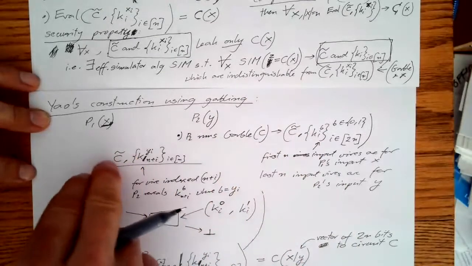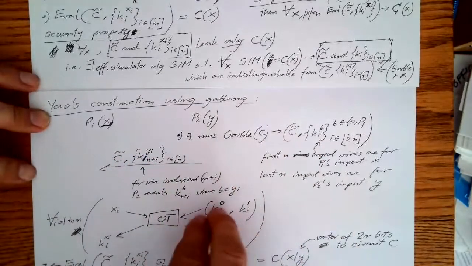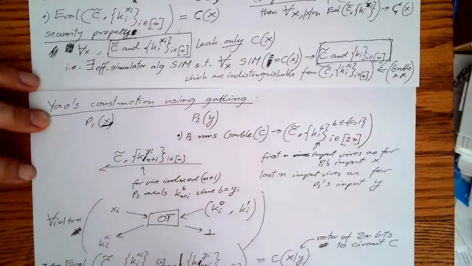Of course, just like in the GMW, you have to ask, okay, but what about the dishonest P2? Can he not control the way this is done so as to learn much more about X input in Z than was intended? And yes, this will be true.